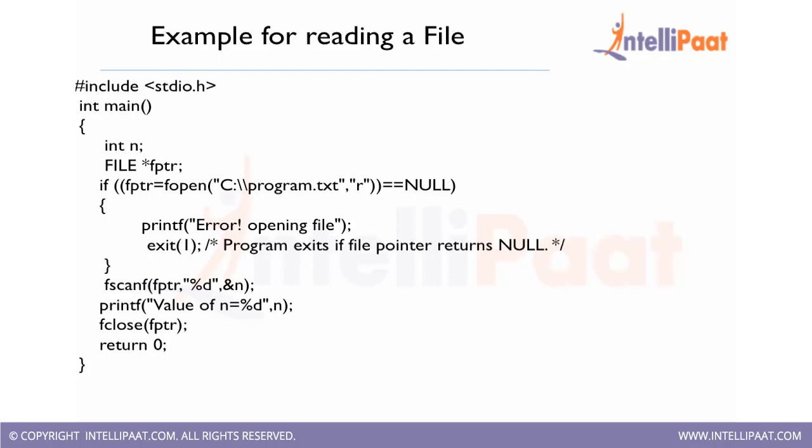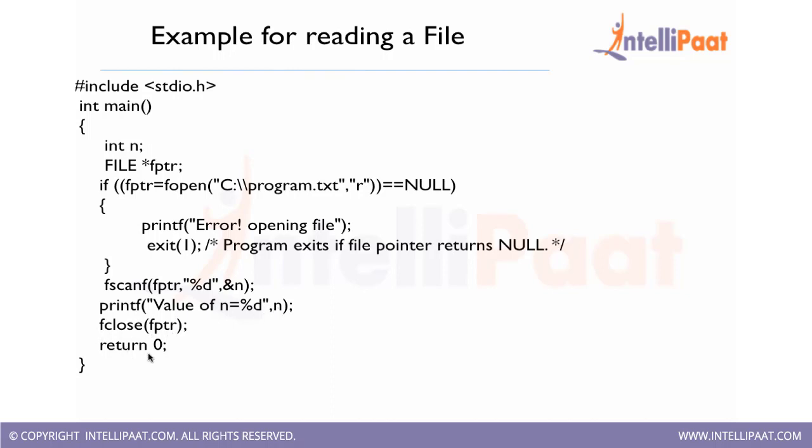That means the file is not present, or we are having some problem in reading the file, and we will not proceed any further. In case we are successful, we are reading from the file. We are reading an integer from the file, writing that integer back to the console, and closing the file.